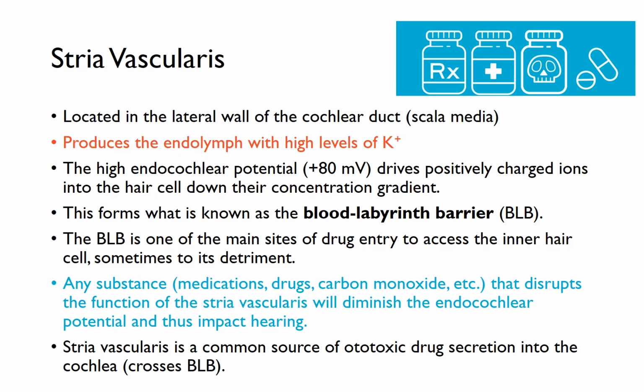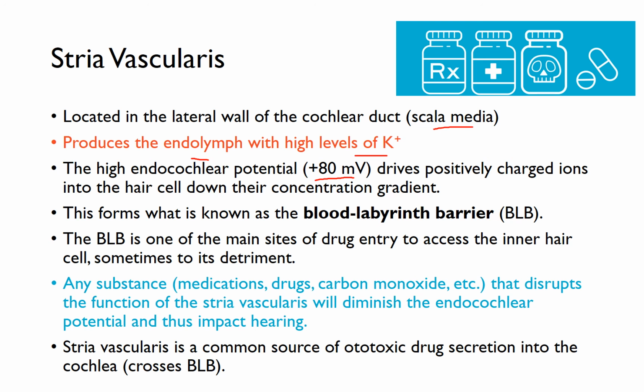The stria vascularis, as we said, is located on the lateral wall of the cochlear duct of that scala media. It produces the endolymph and it keeps it with a high level of potassium, around positive 80 millivolts.